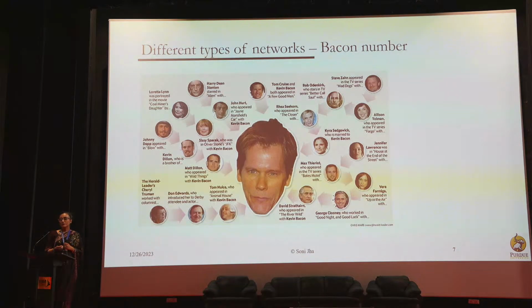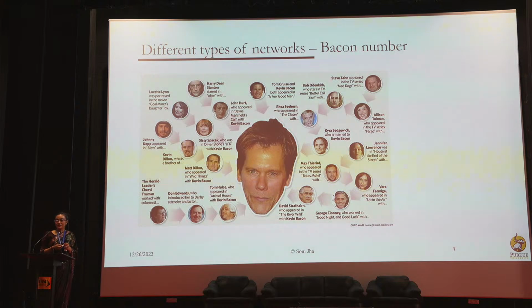Now, I will give you examples of networks in different contexts. And the one that I find really fascinating, and I hope someone in the audience adapts it to the Indian context, is the Bacon number. So Kevin Bacon is a very prolific artist in the US, and he has worked across different movies. I'm sure if you Google him, you might have seen a movie or two in which he acted.